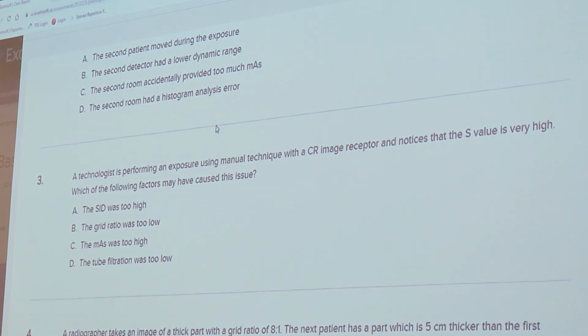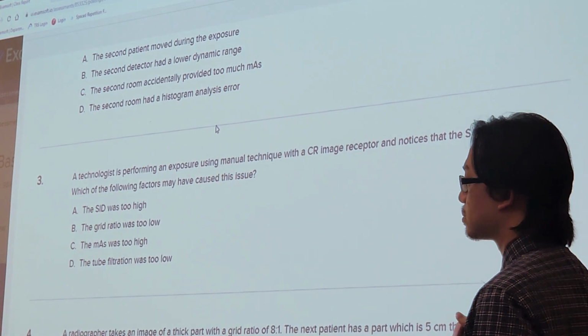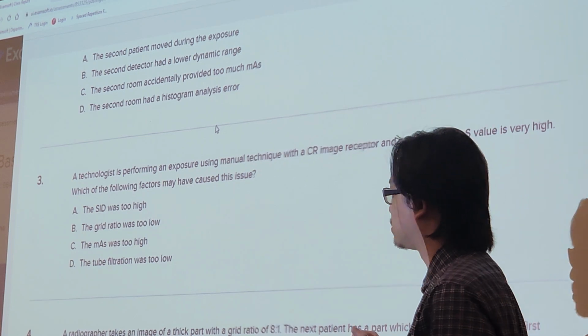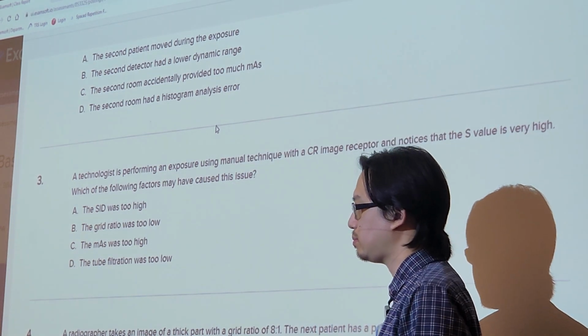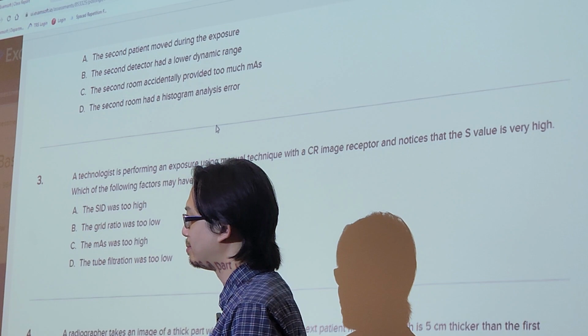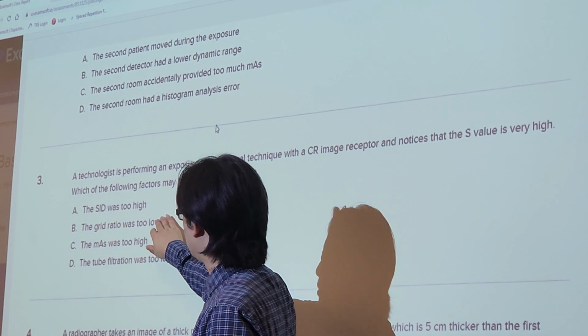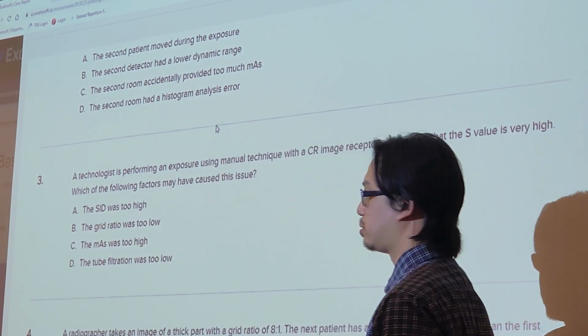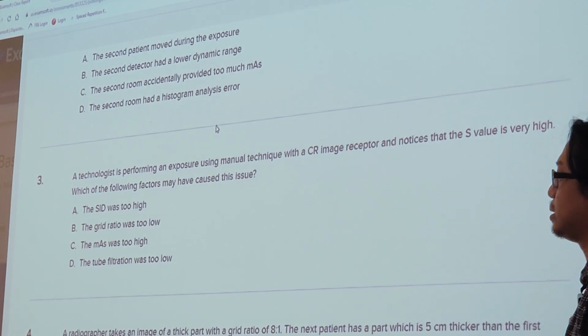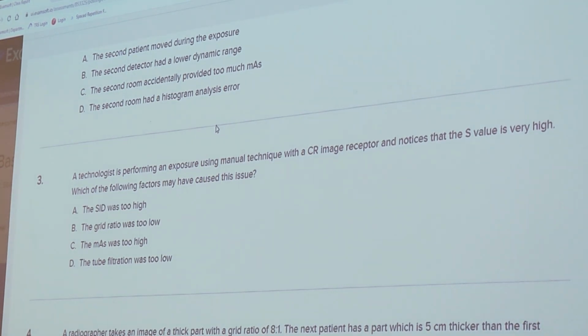Yes, Melody. But the grid doesn't have more X-rays going through just because there's a grid already. Right, but in this case, we said the grid ratio was too low, right? So we're implying that we should have used a higher grid, but we used a lower grid. Does that make sense? We're not saying we went from no grid to a grid. We're saying we went from a high grid ratio to one that's too low.